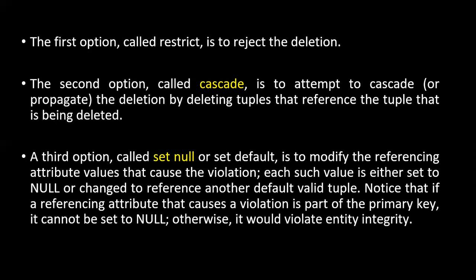In on delete set null, whenever a primary key is deleted, in all foreign key tables wherever that primary key is referred, we need to set the value as null for all foreign key values. So these are the three options.